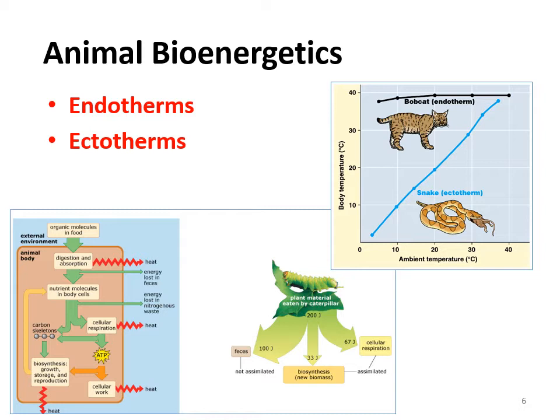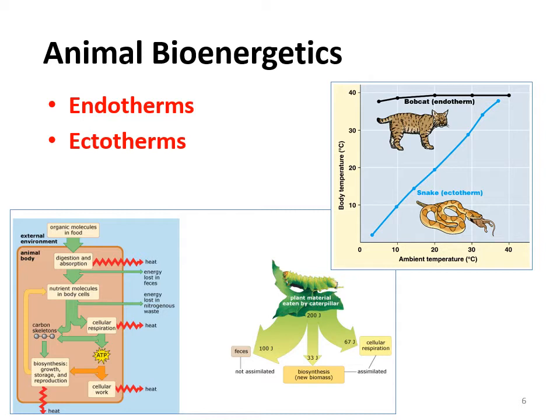So endotherms, when you hear endo, that means within, right? So if you think about an endotherm, well, they could keep their heat within them. Basically meaning endotherms are any animals that can conserve that heat and basically maintain a constant body temperature. So we call them warm-blooded.